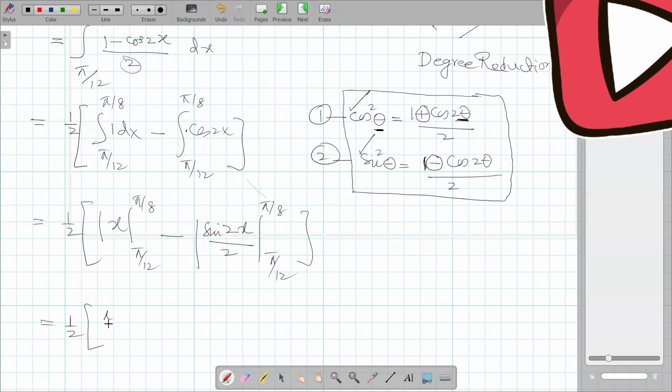Now apply these limits. Apply the upper limit. Here you will get pi by 8 minus pi by 12, and minus 1 over 2. Apply these limits. So you will get sine 2 times pi by 8 will be pi by 4, right? Minus, now when you put pi by 12, this is going to be pi by 6.